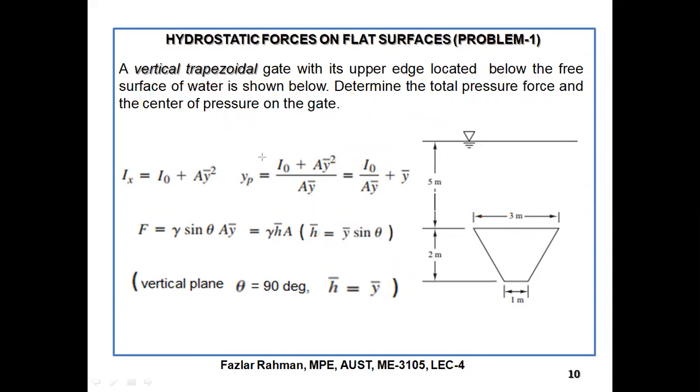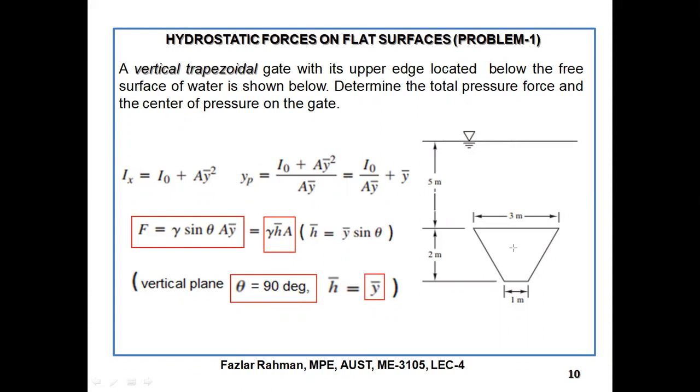So we have two formulas. One is for pressure force, F equal to this one, or you can say this one. And we know our formula, h bar equal to y bar sine theta. But right over here theta equals 90, so h bar and y bar are the same. So what is the y bar? It is the location of the CG of the object from the top surface, right?